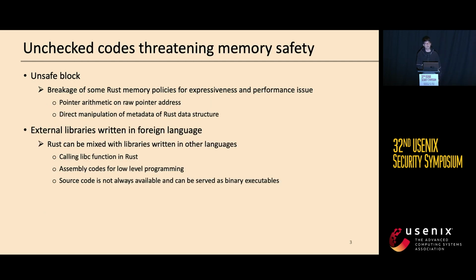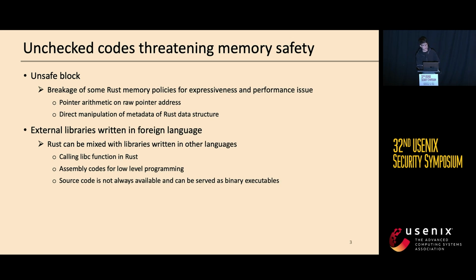Even in the seemingly flawless Rust, there are unchecked codes that can threaten memory safety. First one is the unsafe block, and it is used when breakage of some Rust memory policies is inevitable for the sake of expressiveness and performance. This includes practices like pointer arithmetic on raw pointer addresses and direct manipulation of metadata of Rust data structures.